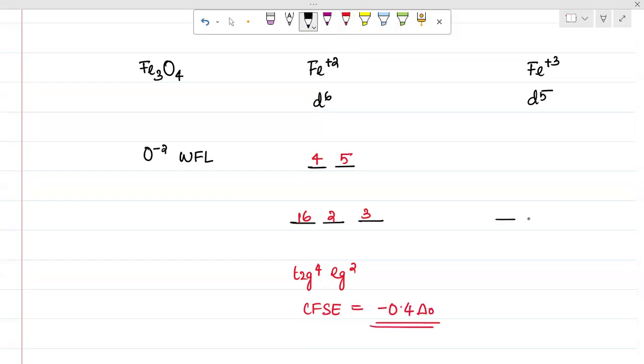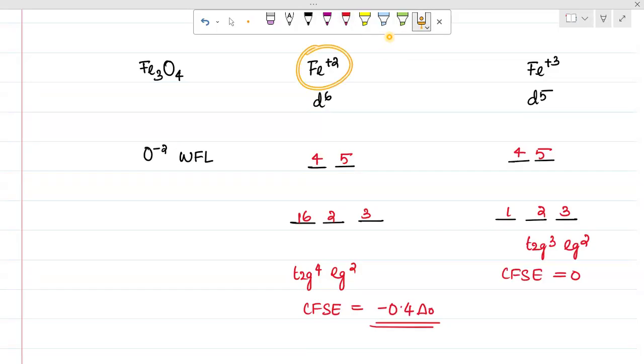Over here, again, the t2g eg gap will be small because the ligand is weak. 1, 2, 3, the fourth one can easily jump. Exactly half filled, CFSE is going to be 0. Configuration is t2g3 eg2. So you can understand that here you have to put Fe+2 in the octahedral site to gain stability.